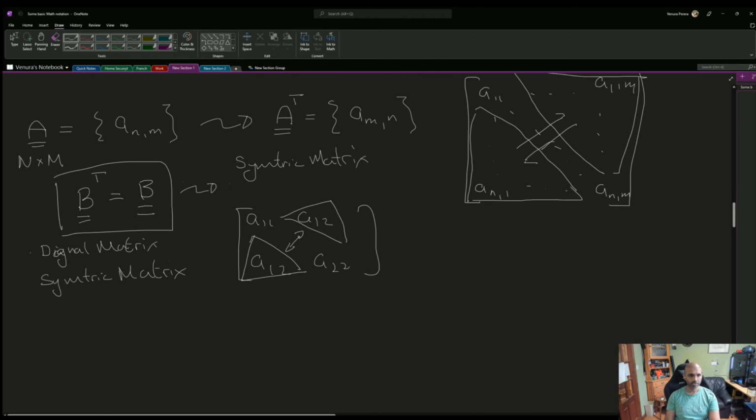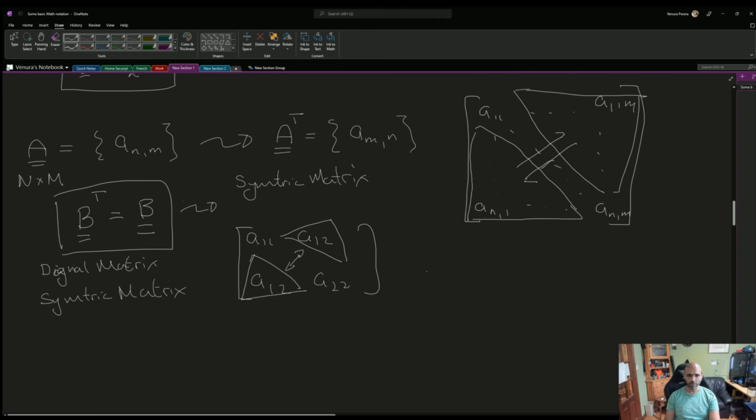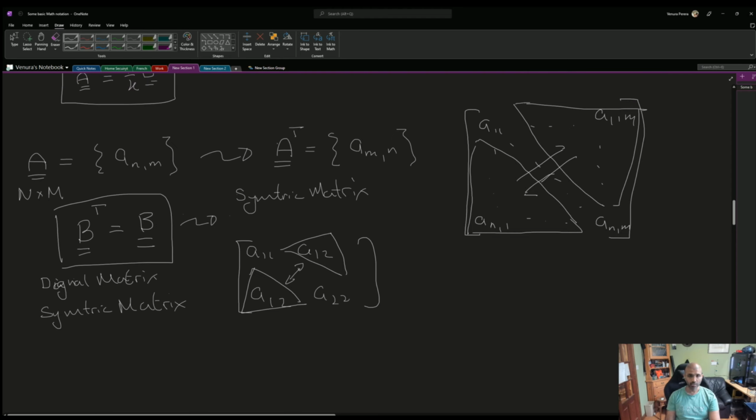So here's a very brief run through of some properties of matrices that are worth noting. I will say that the transpose is only ever used for a couple of instances.